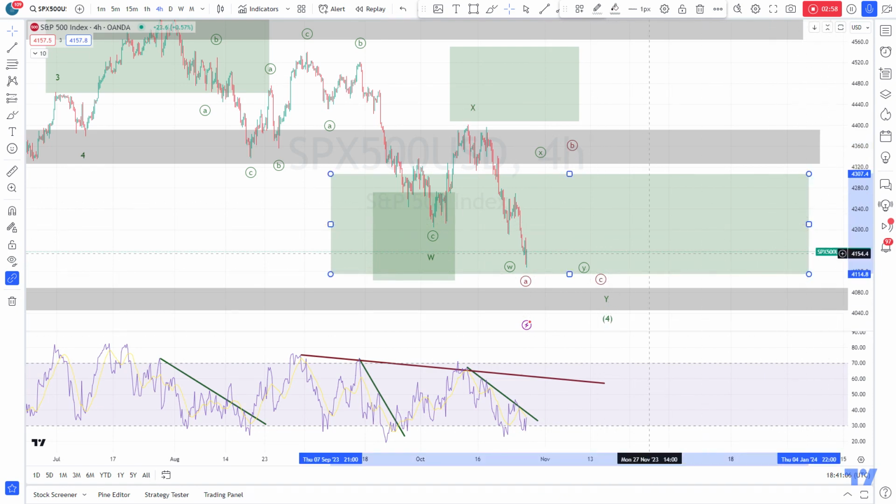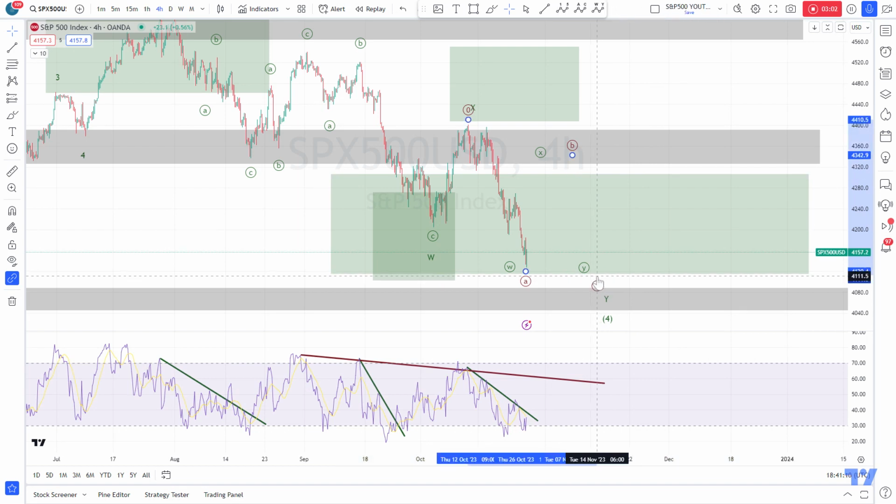But the problem is that we do not really have much space anymore for this wave C. It is sufficient that we marginally take out this low right here. If this low holds now and we get a wave B and then a wave C down, this wave C does not have to be very deep.